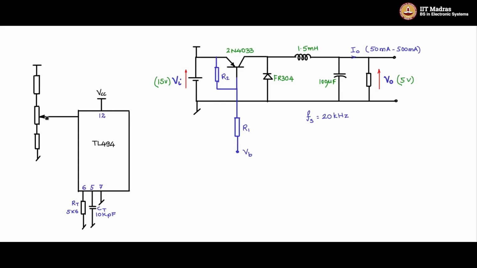This center tap will vary from a minimum resistance to a maximum resistance, and I will have a voltage here in between such that it is between the sawtooth. If you measure at pin 5, you will get a sawtooth waveform, so the voltage here should be in between the sawtooth waveform. Connected in that fashion, this we can say 1K, 5K and 1K. This is connected to pin 1.